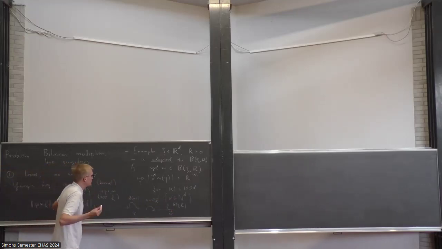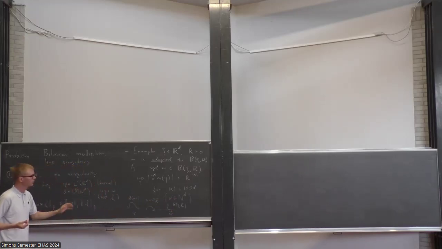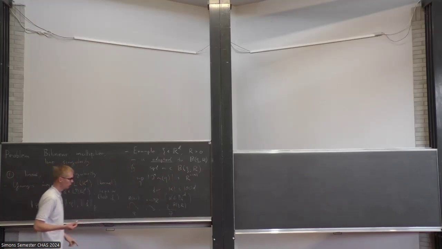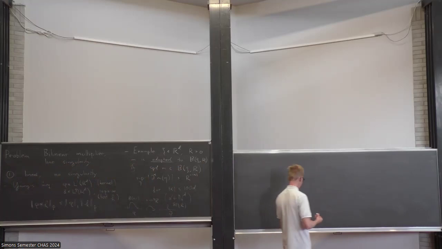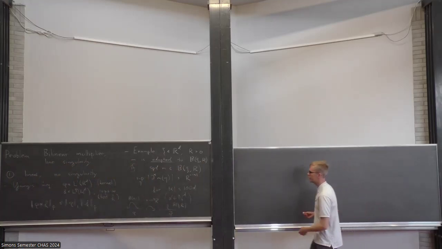And what should I say? If you want to have a smooth function supported in this kind of set, these kinds of derivatives are the best we can hope for. And these functions are important for us for two reasons.